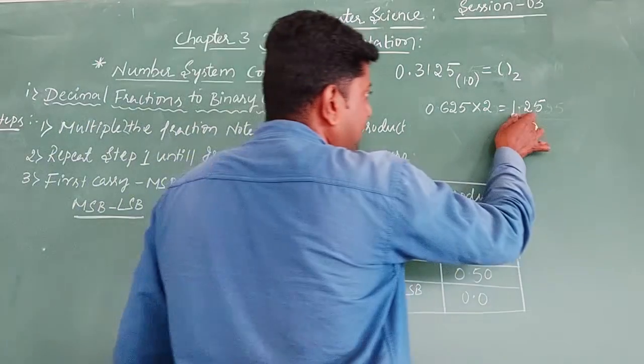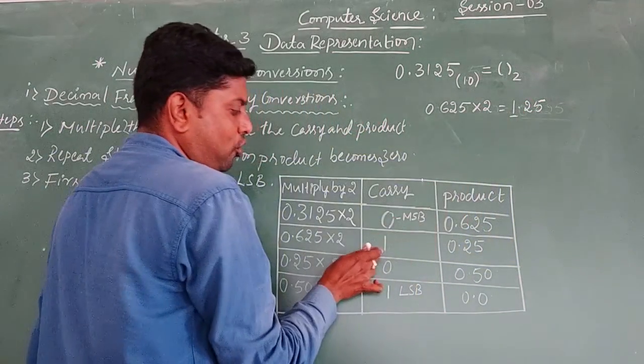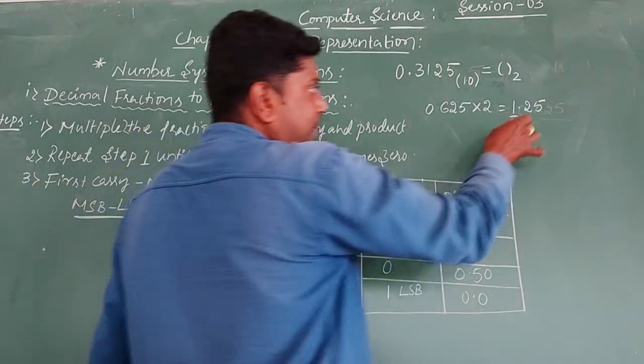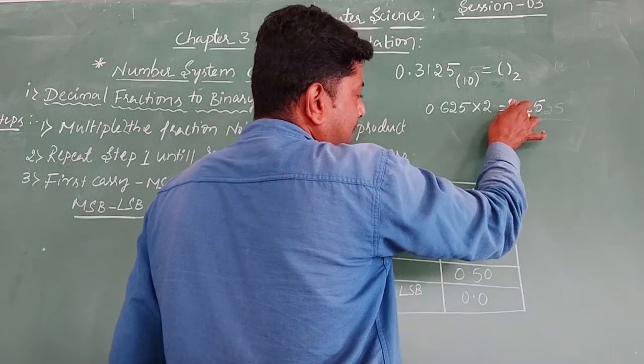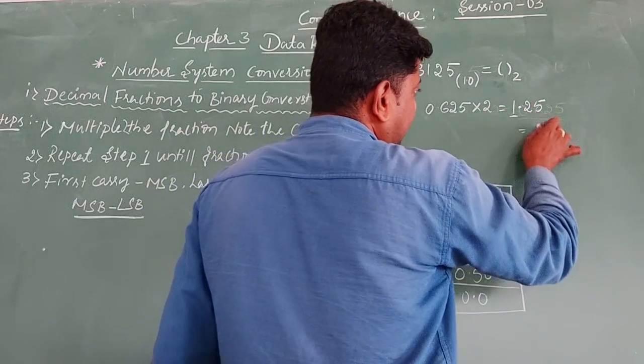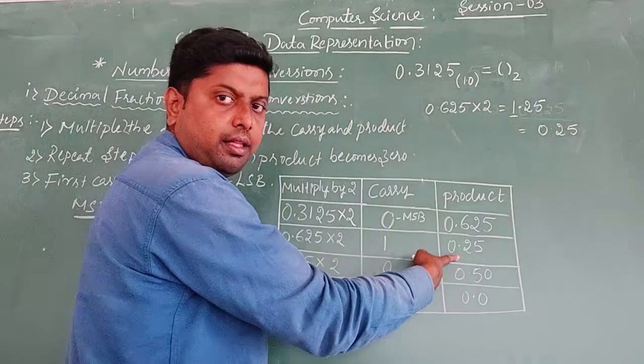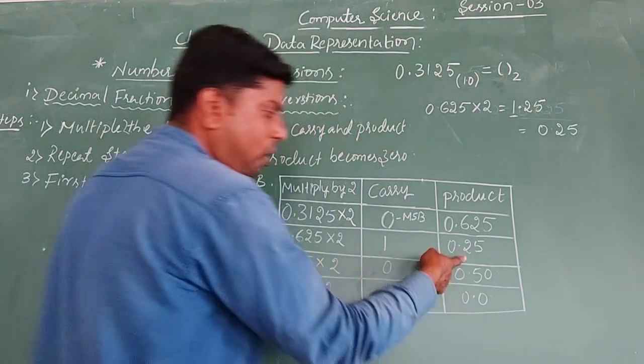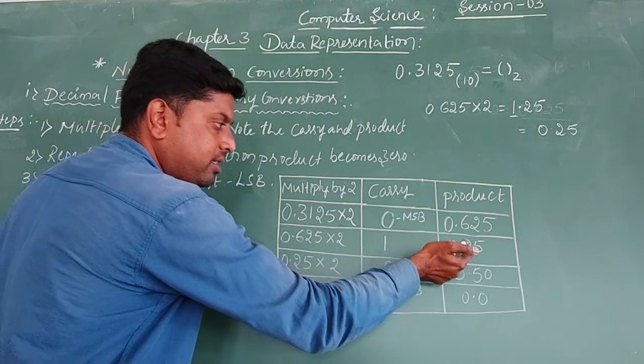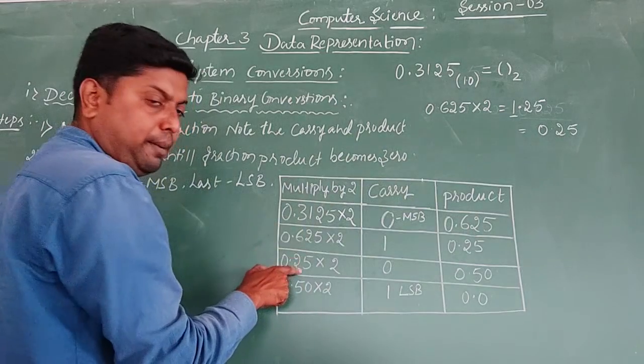So here 1 will be the carry. That's why I wrote this 1 here. And what is the remaining number? If the carry is 1, then the product is 0.25. Correct?